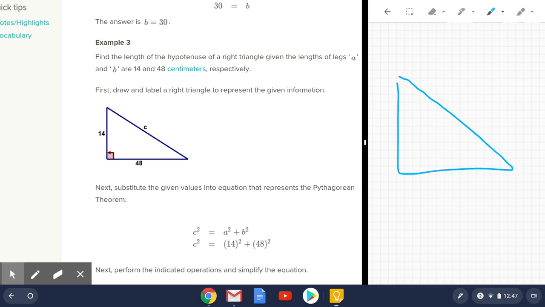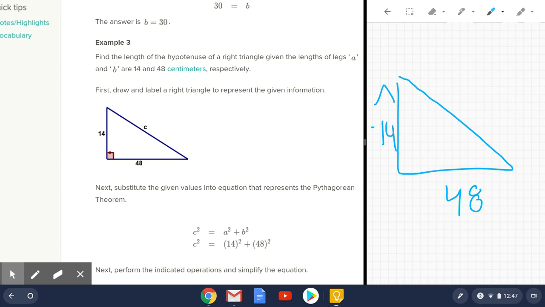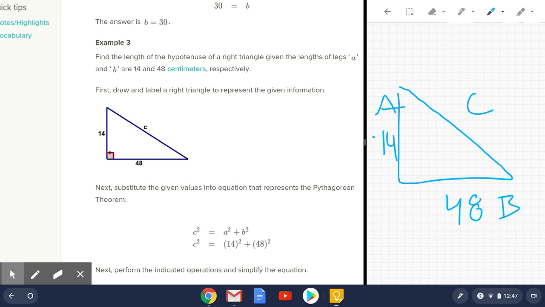So we have 14 and 48. We know that this is A, this is B. We are trying to figure out the hypotenuse, what C is, right? So it's 14 squared plus 48 squared equals C squared. Okay?